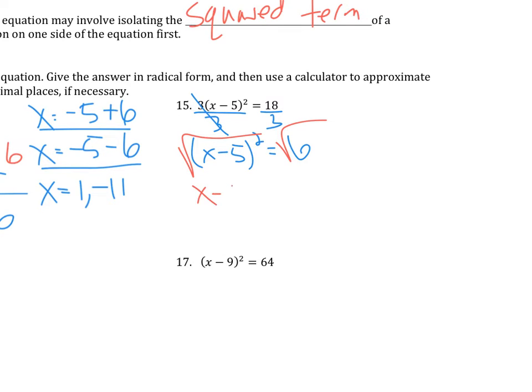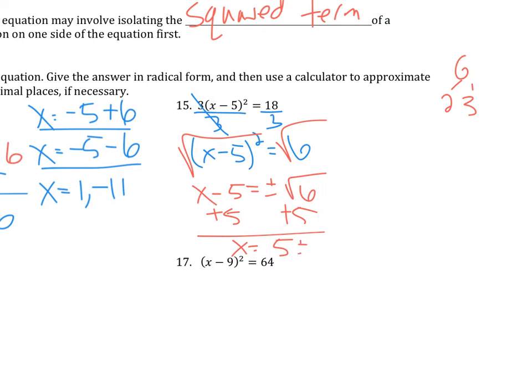That gives me x minus 5 equals the square root of 6. 6 is 2 times 3. We don't have any pairs, so it is just the square root of 6. Do not forget your plus or minus. Now to continue to solve, we're going to add 5. And you get x equals 5 plus or minus the square root of 6.